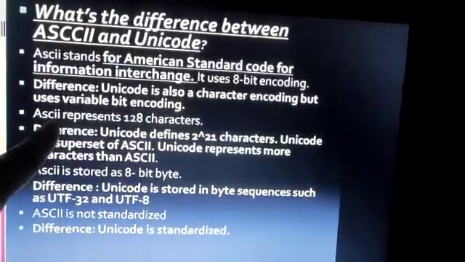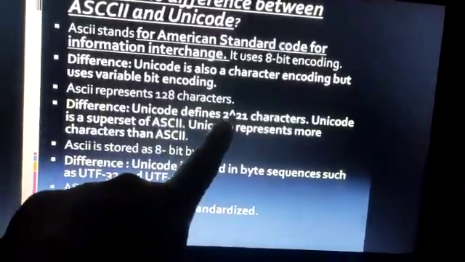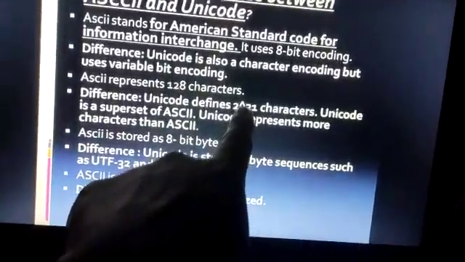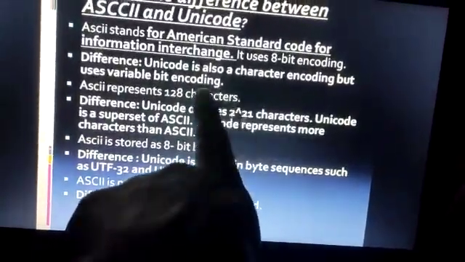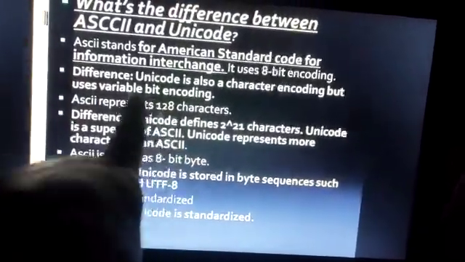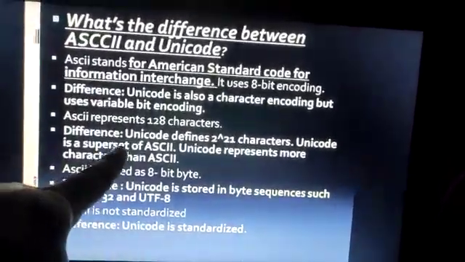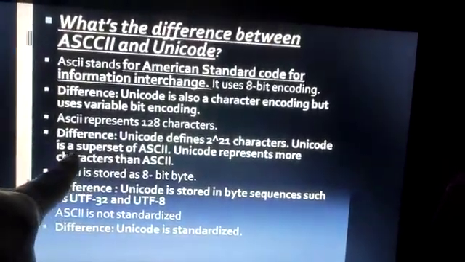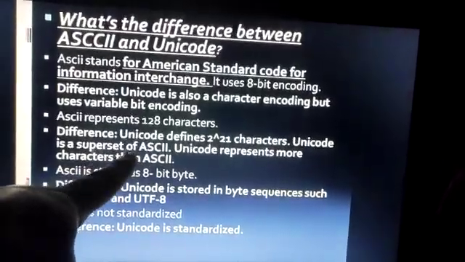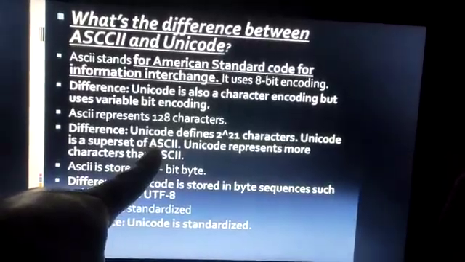ASCII represents 128 characters. Unicode defines 2 to the power 24. We can represent only 128 characters through ASCII, but larger than this we can represent through the Unicode character set. Unicode is a superset of ASCII and ASCII is a subset of Unicode.